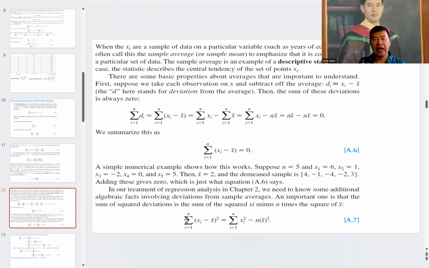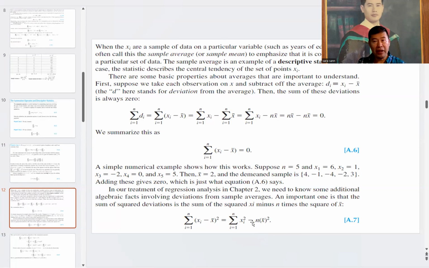And what about the summation i = 1 to n of (x_i minus x bar) squared? By the formula, it must be x_i squared minus 2 x_i x bar plus x bar squared, right? So when you substitute, x bar equals summation of x_i divided by n, right? So it means summation of x_i equals n x bar.